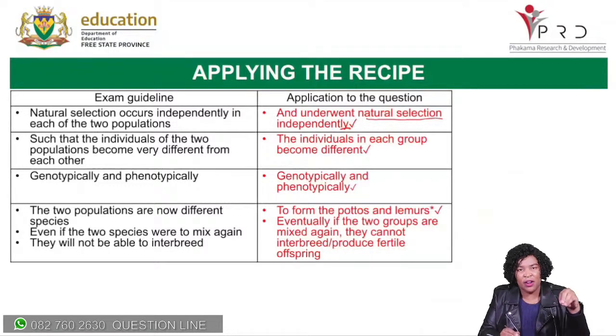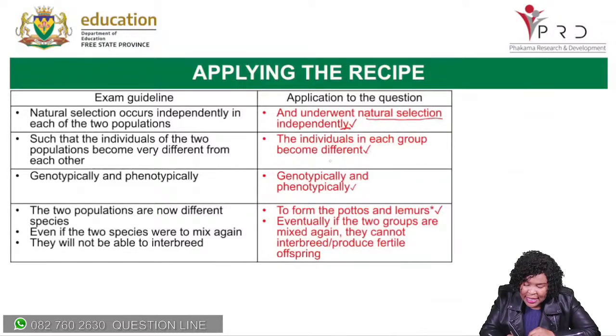So in each environment, the organisms are going to undergo natural selection independently. And once that happens, the organisms are going to be how? They are going to be different, or the individuals in each group are going to become different. And how so? Genotypically and phenotypically.